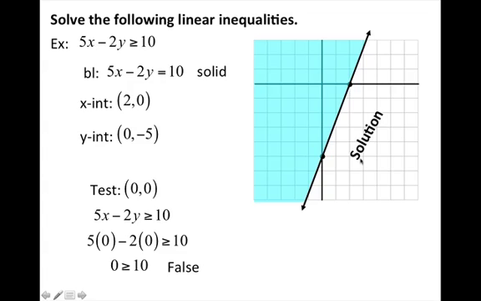And I encourage you to put that in your notes just so you'll get used to that the unshaded part is our solution. Since this boundary line was solid, it's part of our solution also. So our solution is every point on this line and every point in this unshaded area. If I plug any of those points back into my original inequality, I'll get a true statement.